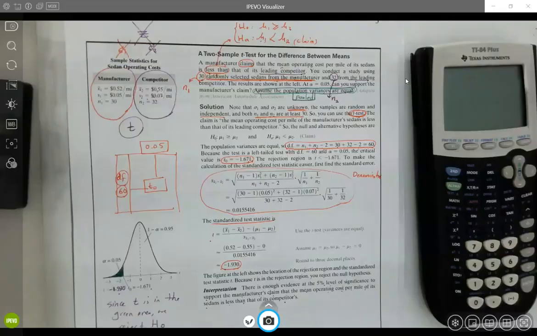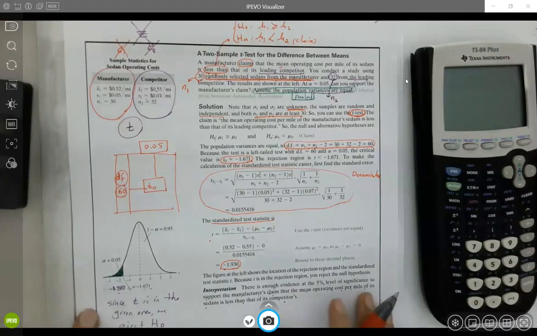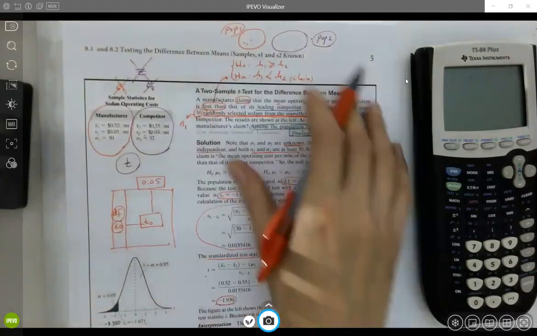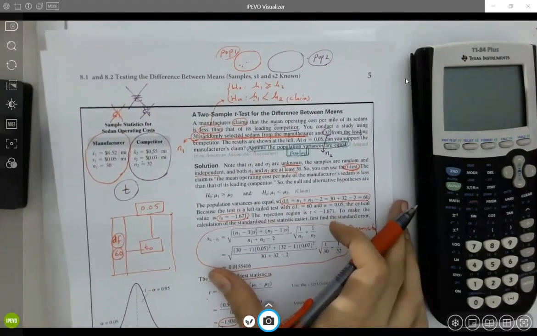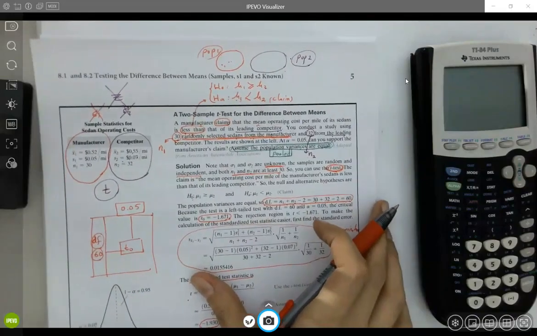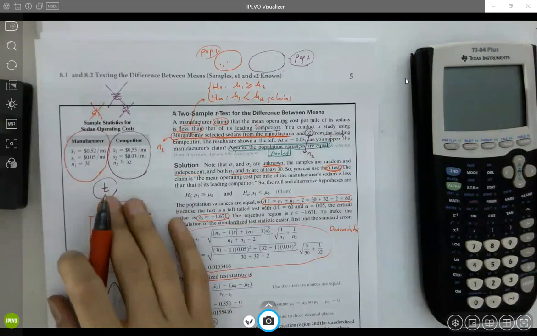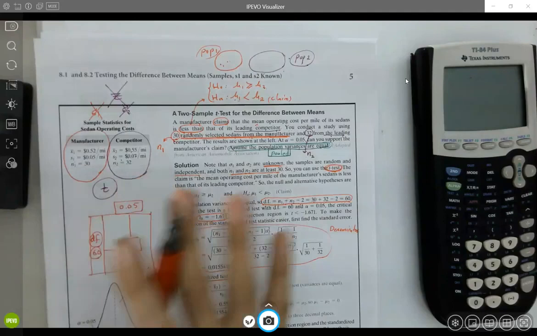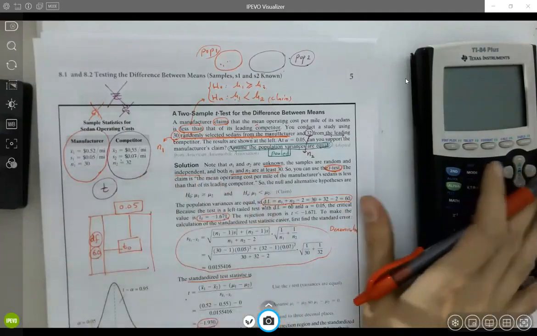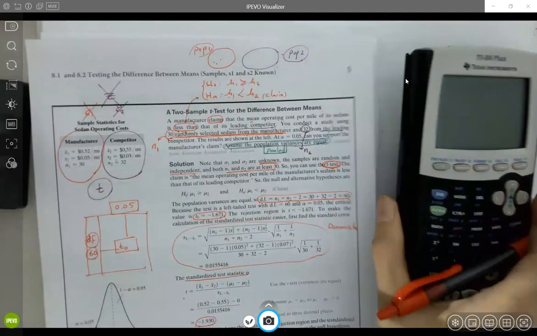So let us use our calculator. Well, when we read our example, we need to take note. These are important information that we have. And we need to know if we are using a pooled estimate or not. Otherwise, our calculations are going to be wrong.